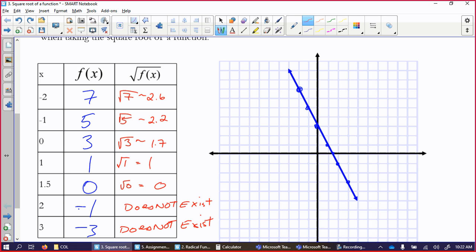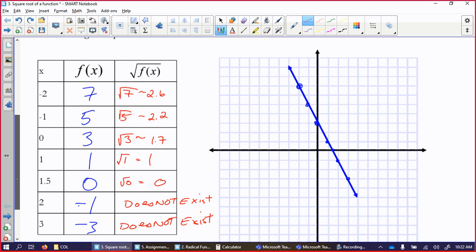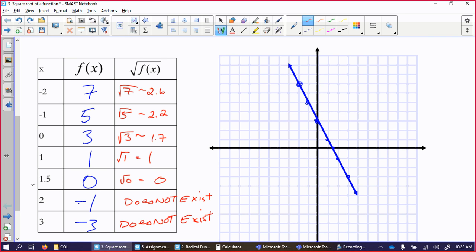This should draw back to when we did just the square root of x. We can't go into the negative direction. We can have graphs in there, but when we take the square root of a negative number, we don't have anything.